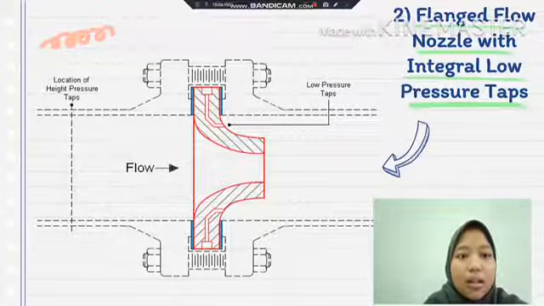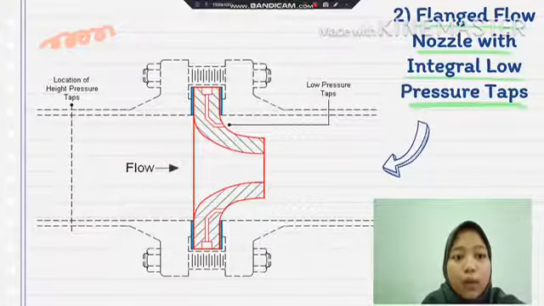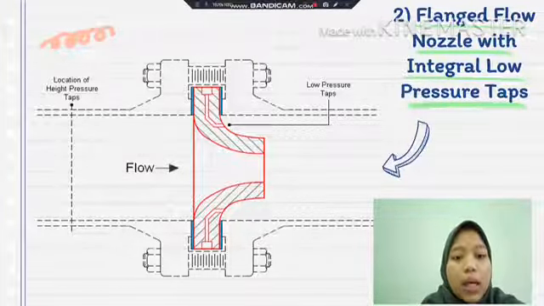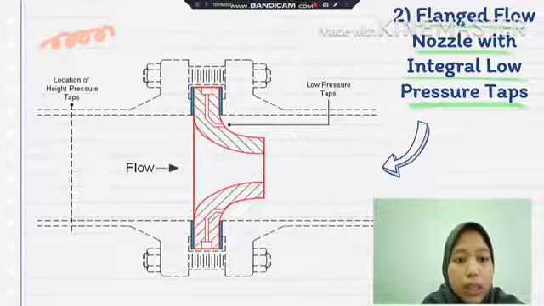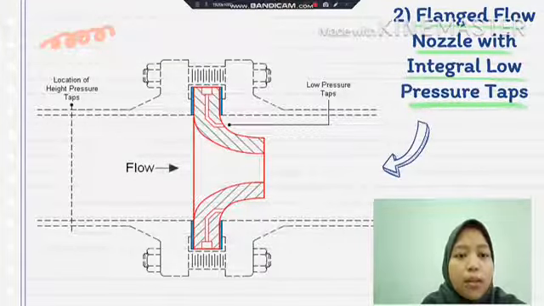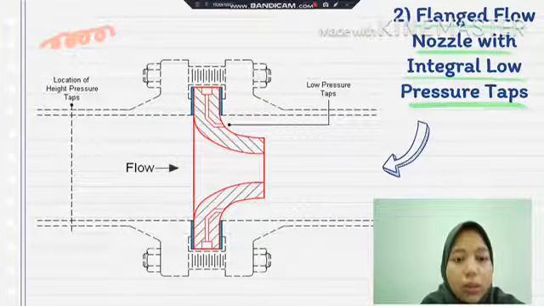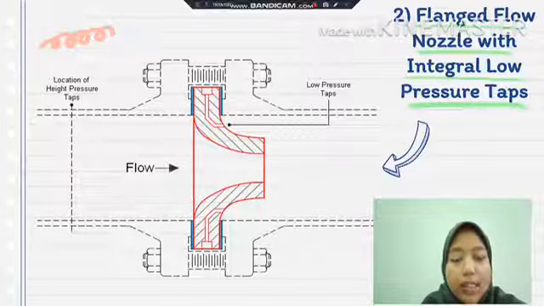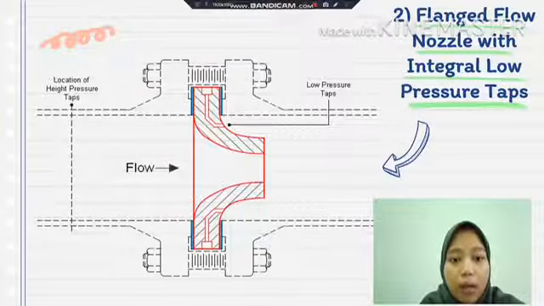Secondly, we will talk about the flange flow nozzle with integral low pressure taps. It's a little bit different from the first type because the flange flow nozzle with integral low pressure taps is built with the downstream tap integral to the nozzle mounting flange. This design provides the same ASME or ISO flow contour.